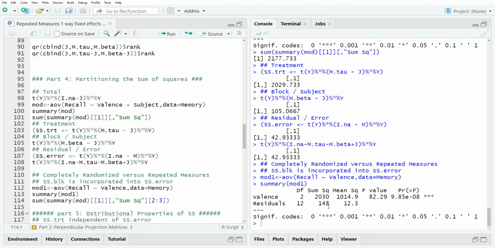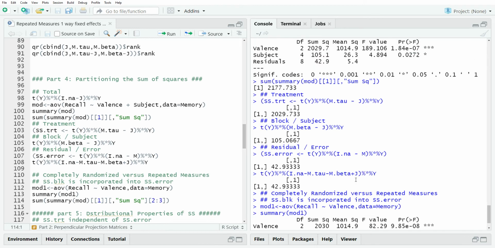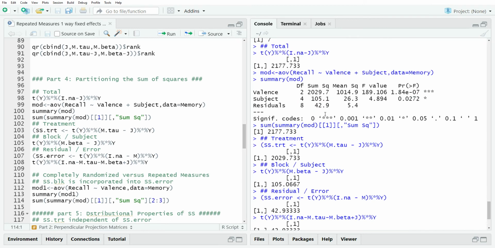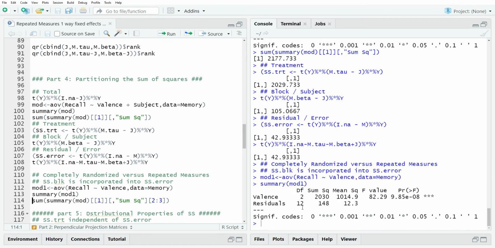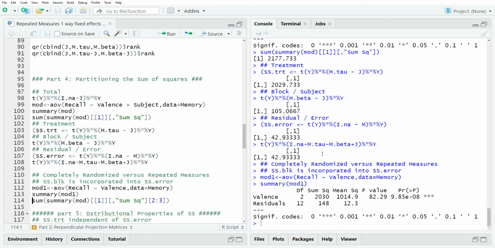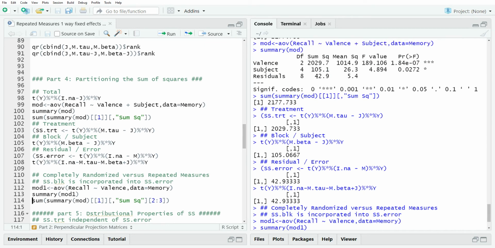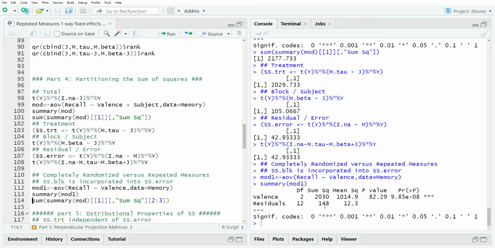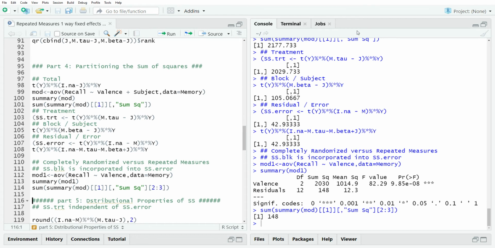And if we look at the previous design, what we're doing is taking that error, the residuals, and splitting it into subject variance and residual variance. So these two should equal this, and that's what this next command does. It takes those sums of squares and adds them from that previous design. We do get the same thing.